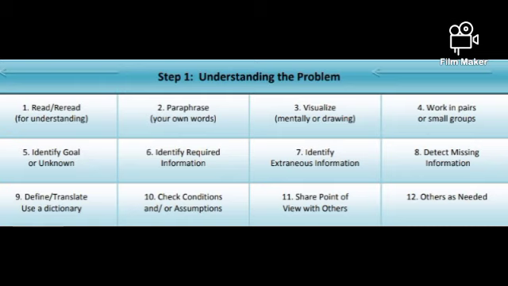Number 5 strategy: identify goal or unknown. In this strategy, you will now try to find what is exactly being asked in the problem, what it is that you are required to find in the problem. And number 6, identify required information.